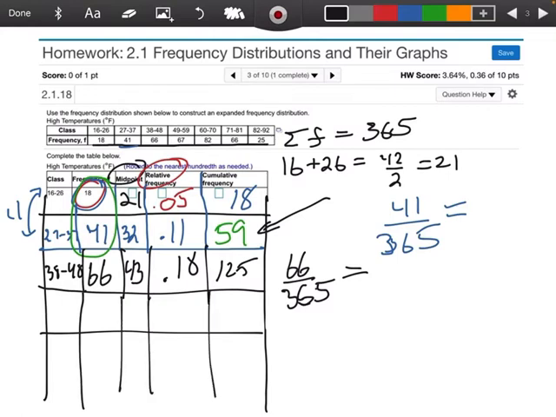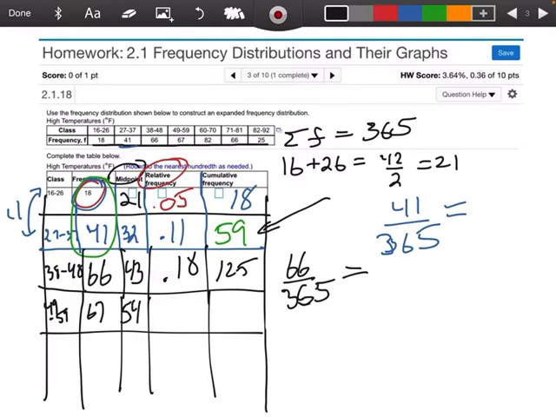And what's the next one? 49 to 59, and my frequency here is 67. We can add 11 to my midpoint, and that's going to give me 54.